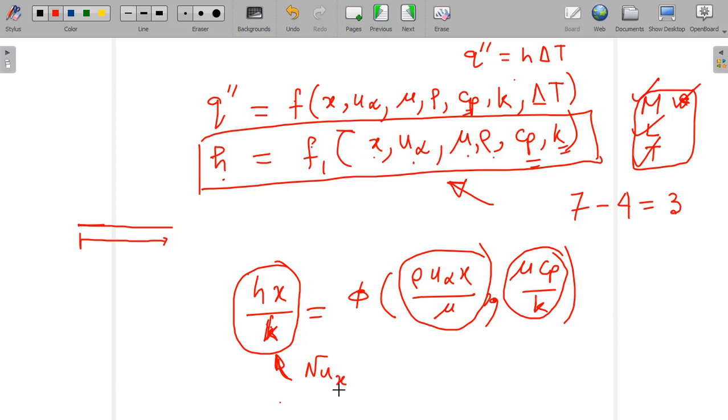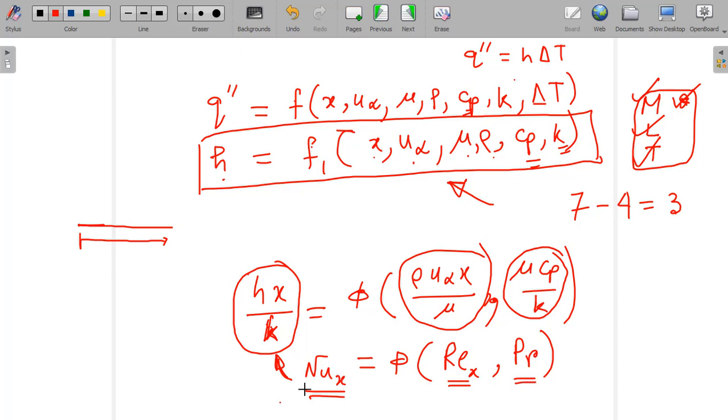So this is the Nusselt number considering characteristic length x, and that is a function of the local Reynolds number Rex, and this quantity, which we just saw, is nothing but the Prandtl number, which is a property. So now we can see that the local Nusselt number is a function of the local Reynolds number and the Prandtl number.